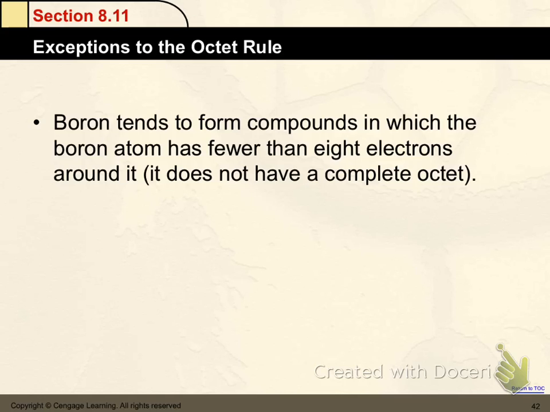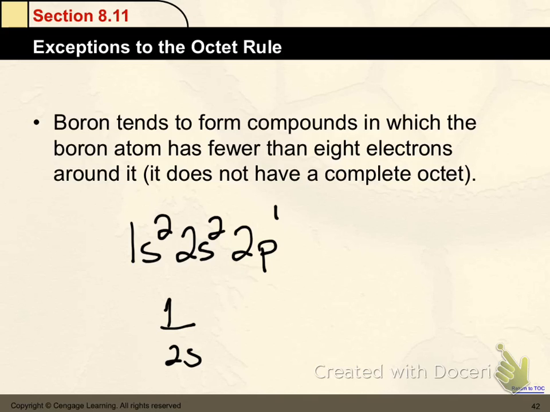Okay. Let me just quickly write out the electron configuration for boron here. 1s2, 2s2, 2p1. Okay, and if we write the orbital diagram just for those valence electrons, here's the 2s, and here's the 2p with that 1 valence electron.